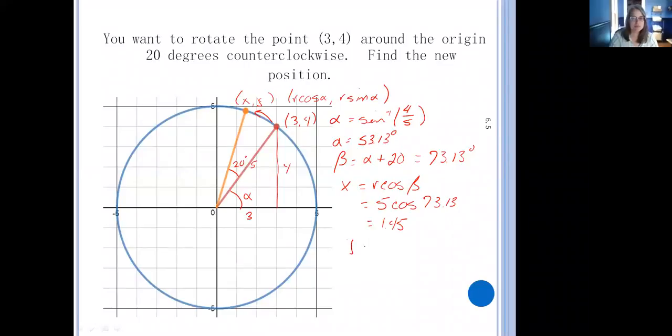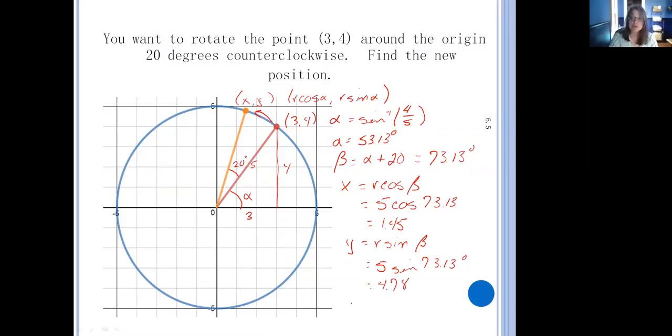Let's check it. y is going to be r sine beta, which is 5 times the sine of 73.13 degrees, which sure enough gives me 4.78.